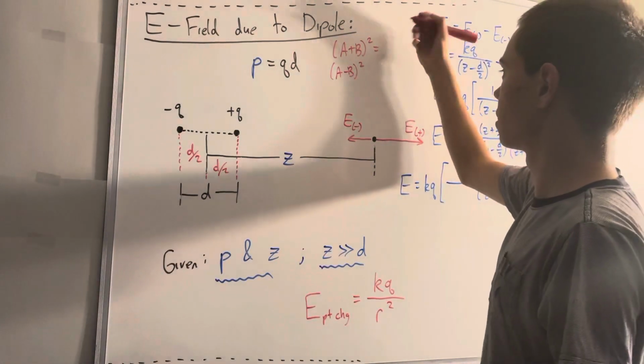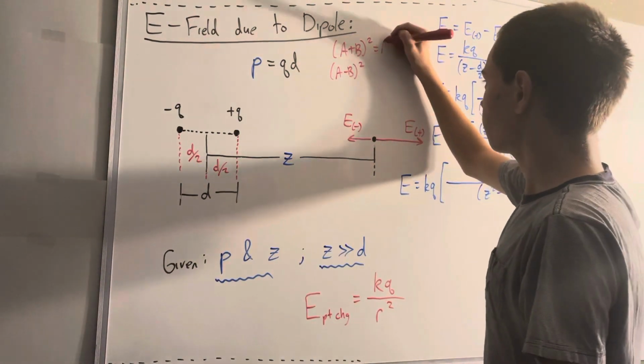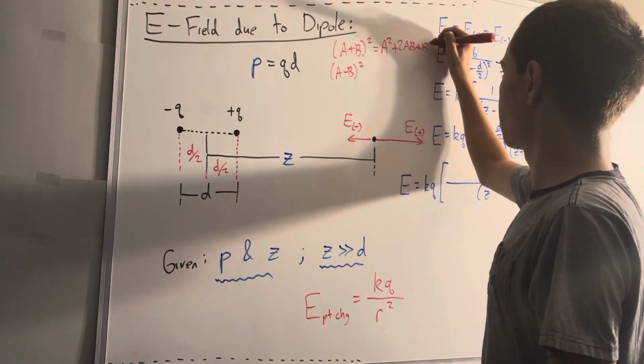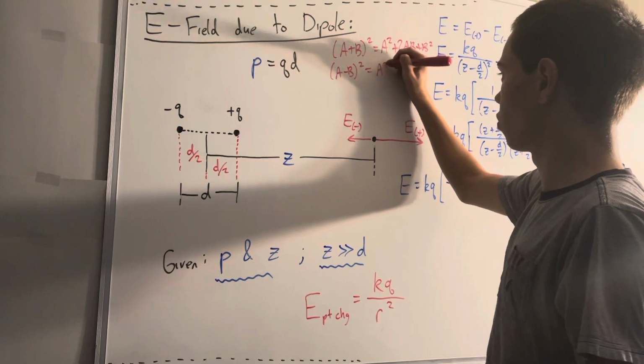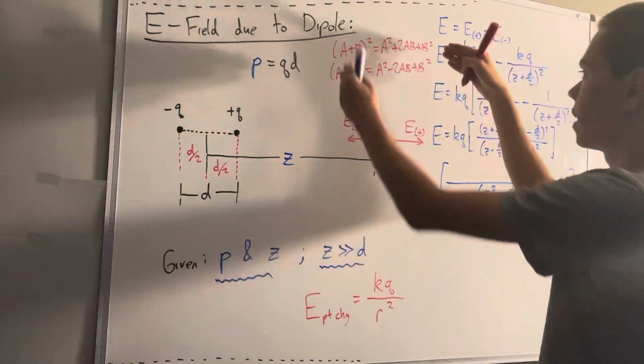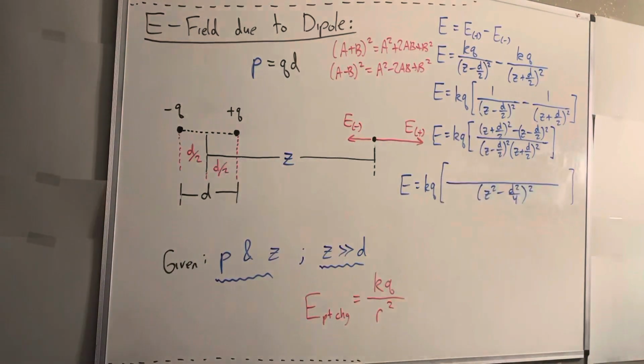But really, we know this is a squared plus 2ab plus b squared. And for this, it's a squared minus 2ab plus b squared. And so we're really applying these two ideas to our top.